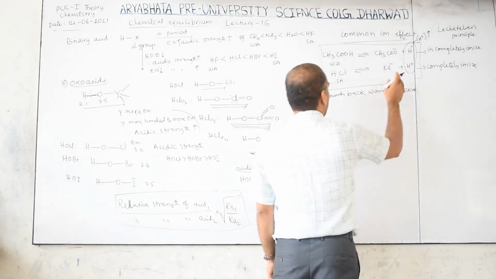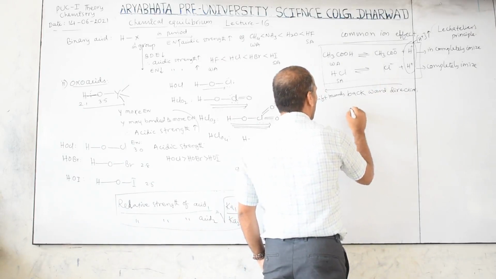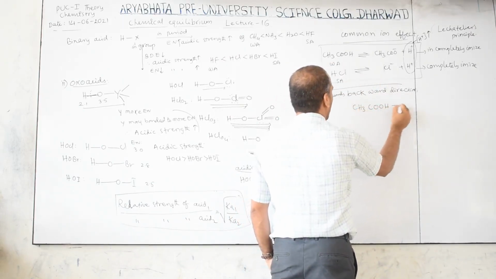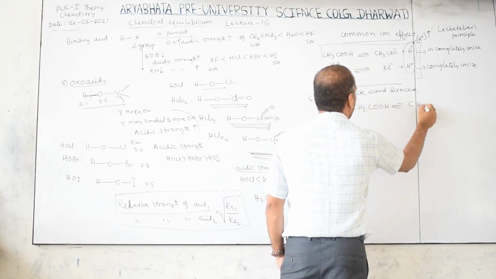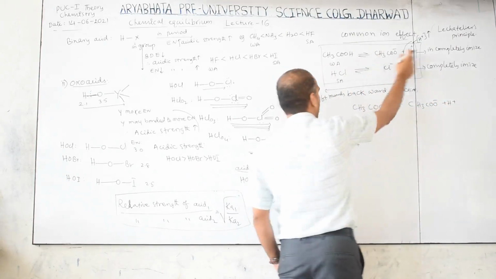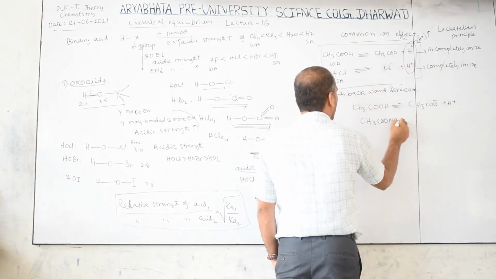Now any weak base is considered. Otherwise, I want to give one more example. CH3COOH ionizes into CH3COO minus plus H plus. Incomplete ionization, same statement. To this I am now adding CH3COONa. This is a salt.